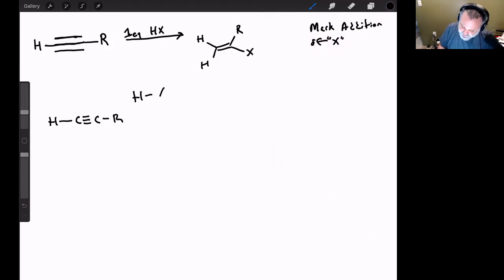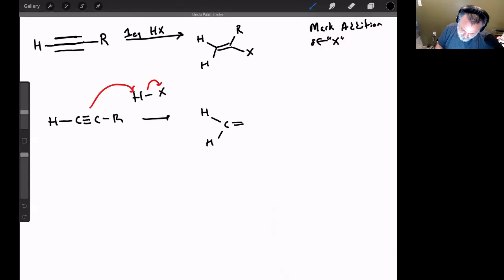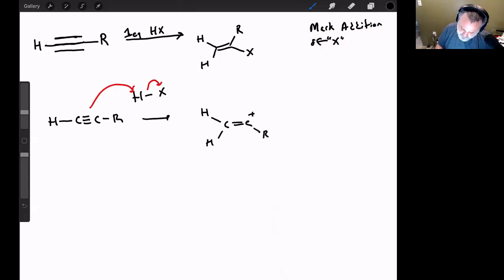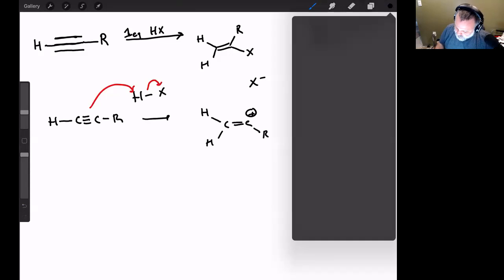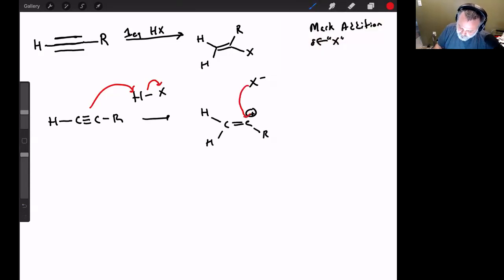If I have HX here, then we can invoke this idea of a vinylic carbocation here, where then X minus would attack that cation and form the more substituted vinylic halide. Remember, vinylic and vinyl mean attached directly to the double bond.